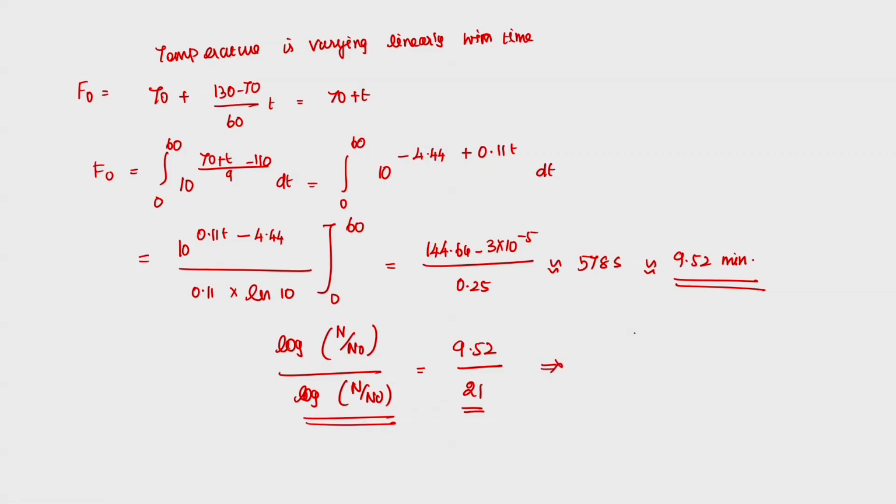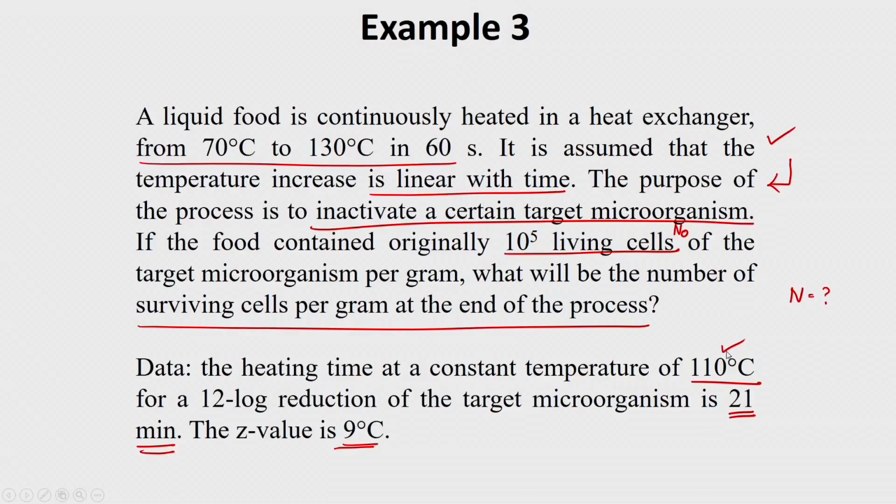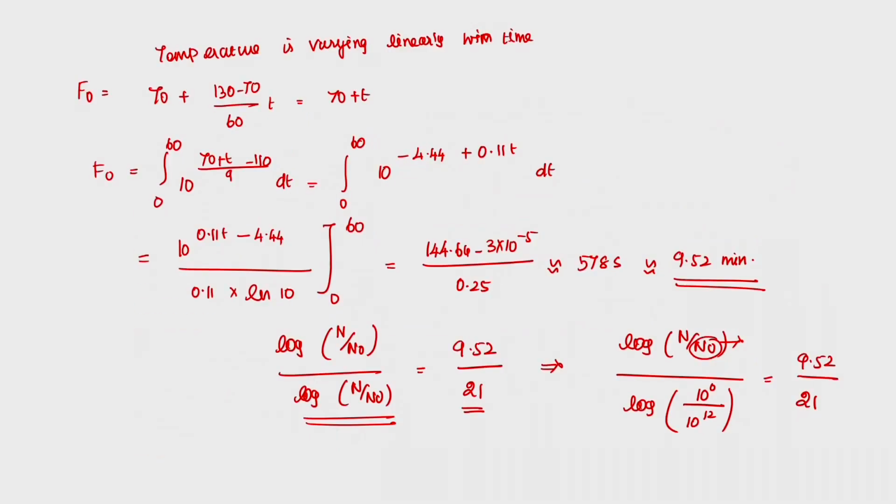So, I do not know what my log of n by n naught is. For that they have already given: the initial is something around 10 to the power of 12, and my final is 10 to the power of 0. So, this is 9.52 and this is 21, and also it is given in the problem 10 to the power of 5.